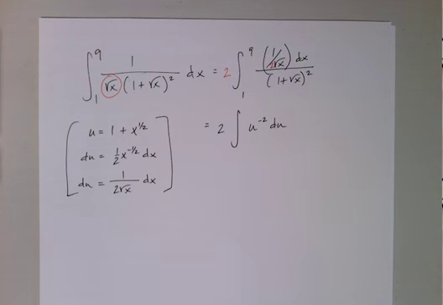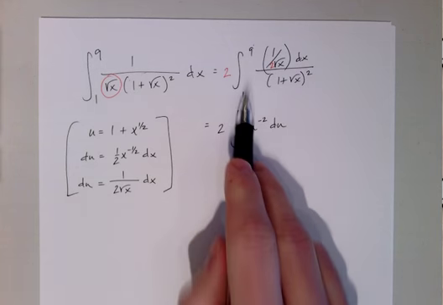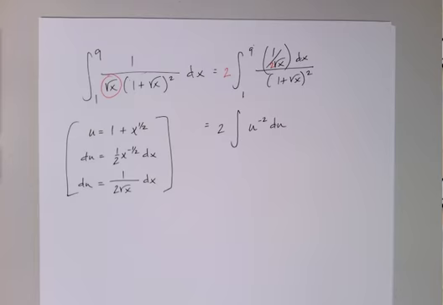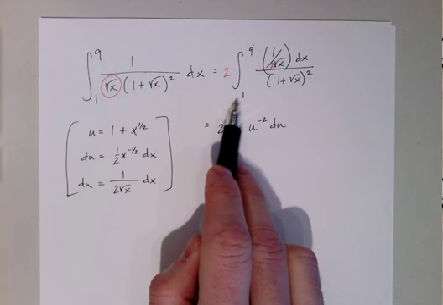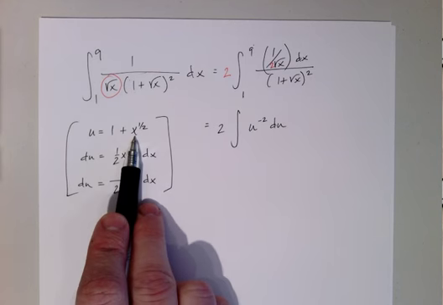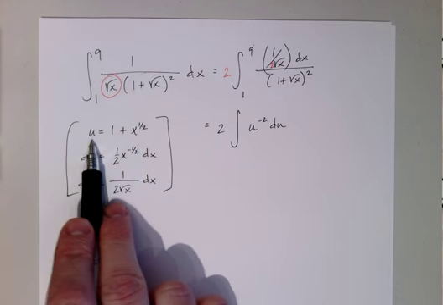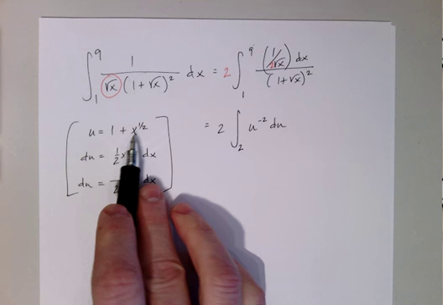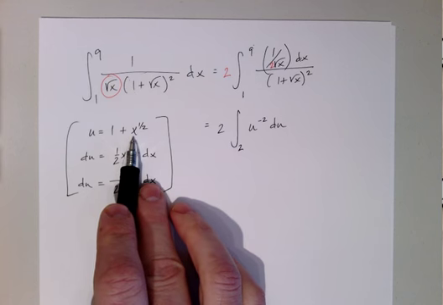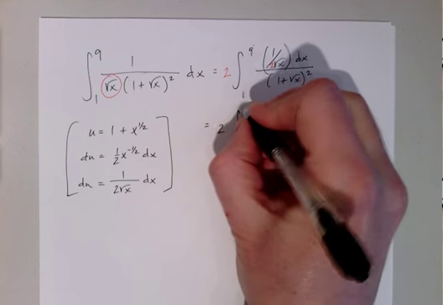But again, I cannot take 1 and 9 with me. 1 and 9 are limits of integration for the variable x. I need to go ahead and change those into u. So when x is 1, meaning plug 1 in for x, what is u? U is 2. Okay. When x is 9, square root of 9 is 3, plus 1 is 4, u is 4.